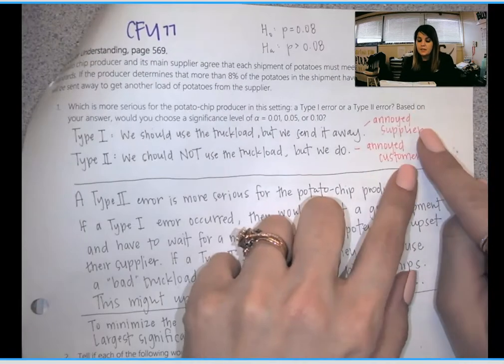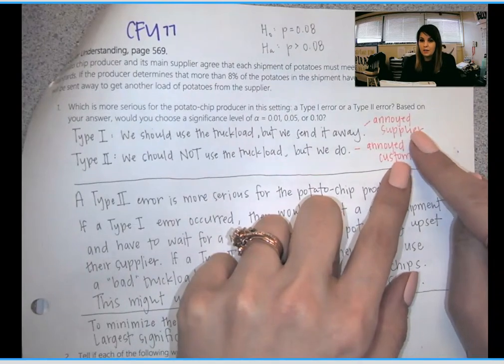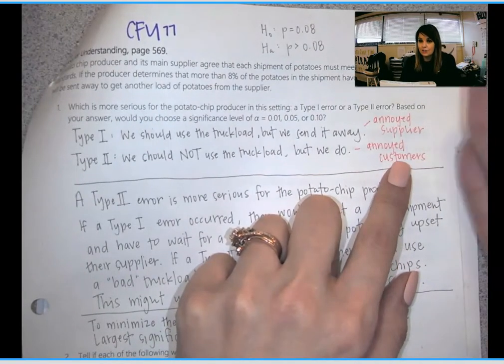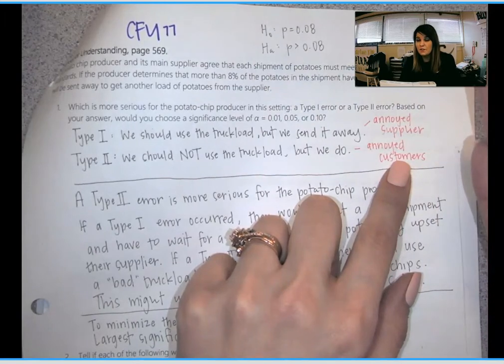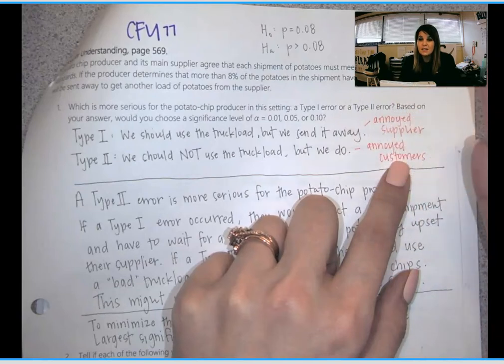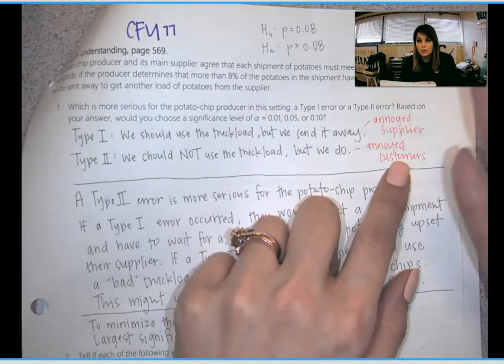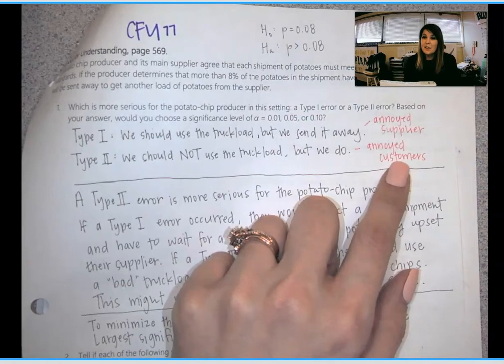Well, to me, for a type 1, the result would probably be an annoyed supplier. So like the person that sends you the truckload of potatoes, he could potentially be really annoyed because when his truckload comes back, he's like, well, geez, our inspection process probably wasn't great, because they probably check the truckload before they ship it.